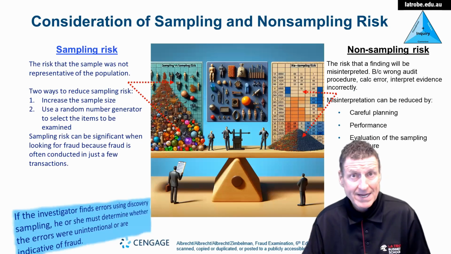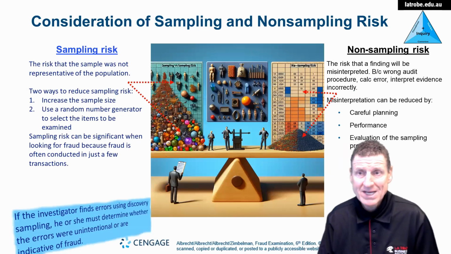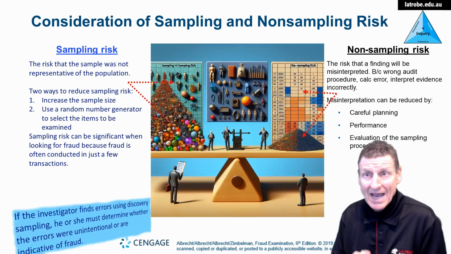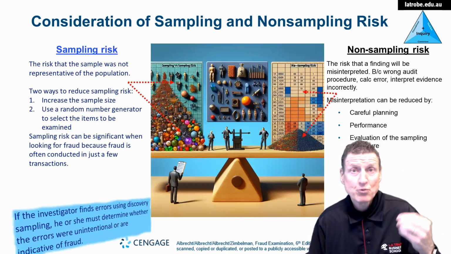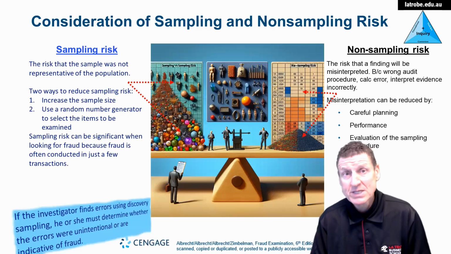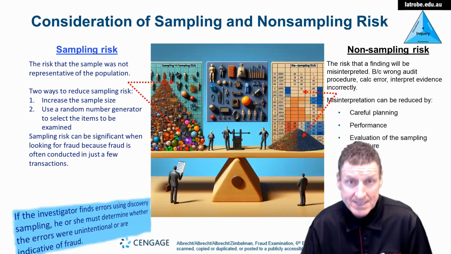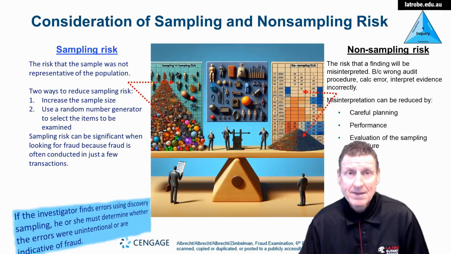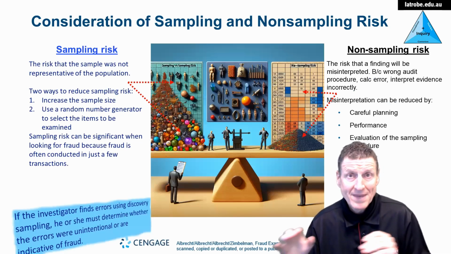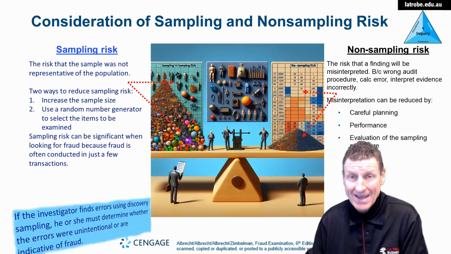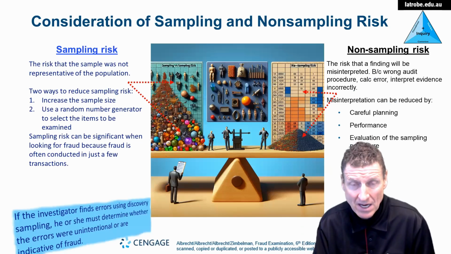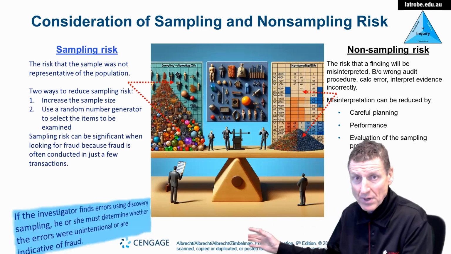So careful planning, careful performance and evaluation of the sampling procedure are critical to reducing non-sampling risk. Having a random sample is the best way to reduce sampling risk. So keep these things in mind. It's very important in your auditing, in your discovery of evidence when you don't have time to look at the total population.